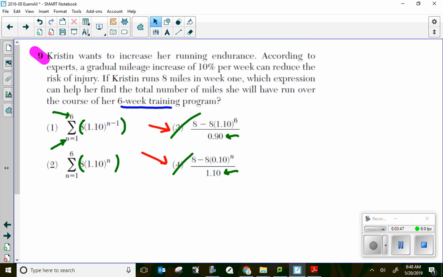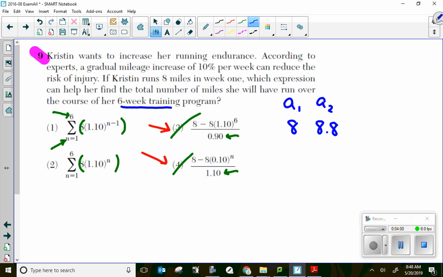Bang, bang. And here we go. If I know my first term is 8, my second term is 8.8. How did I get that? Because it's increasing by 10%. I have 1 and I'm increasing it by 10%. That's 1.1.